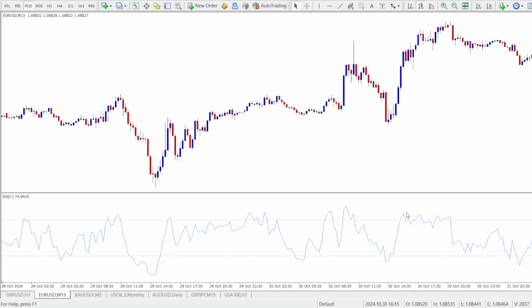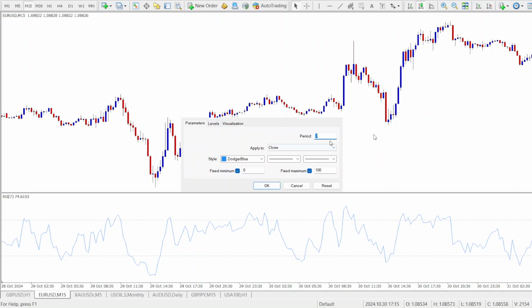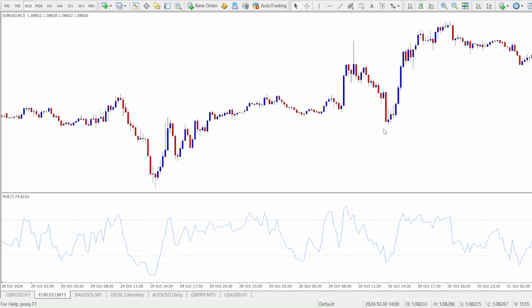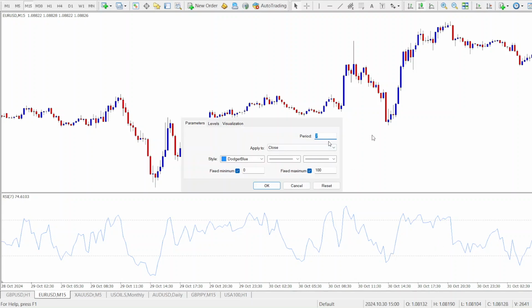But be cautious of false signals. One of the limitations of a reduced period is that it is more prone to giving false signals. So in as much as it helps you identify signals early, it can also give you false signals faster. Now the long-term setting is 21.